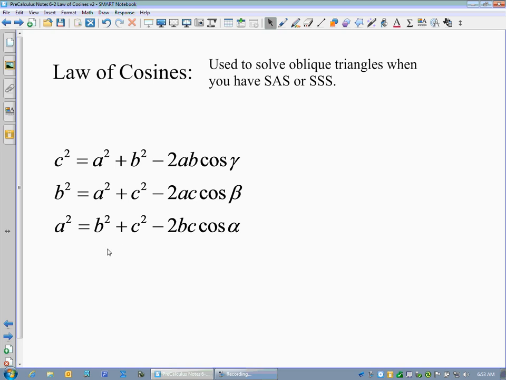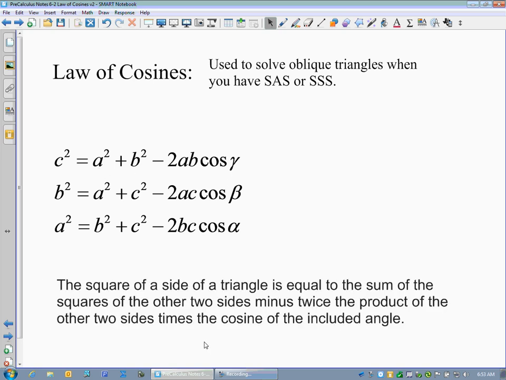So the included angle between B and C is alpha. The included angle between A and C is beta, and the included angle between A and B is gamma. So this is how I prefer to memorize, so to speak, the law of cosines.